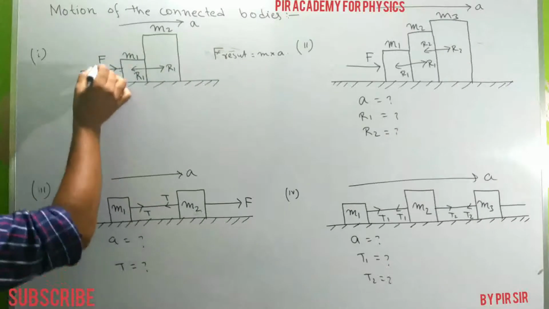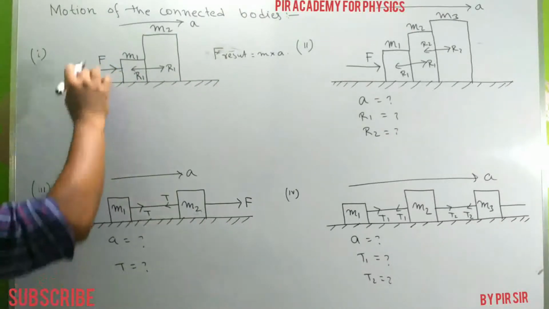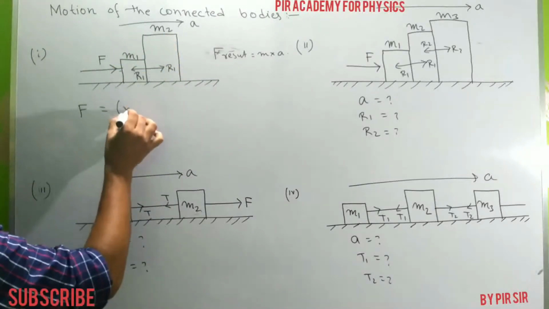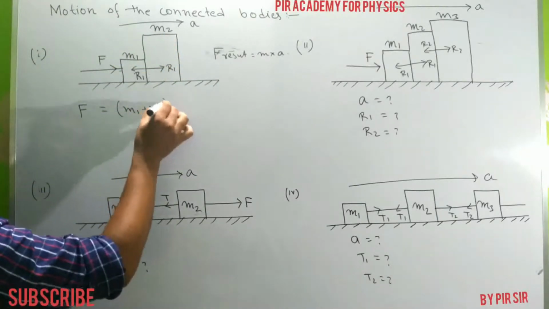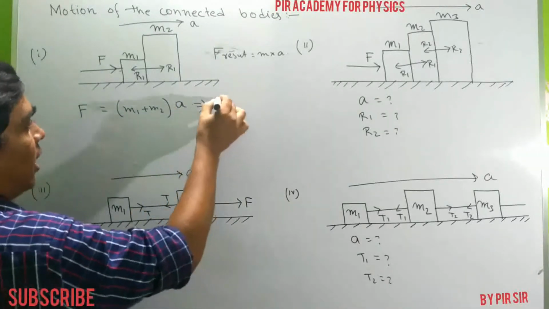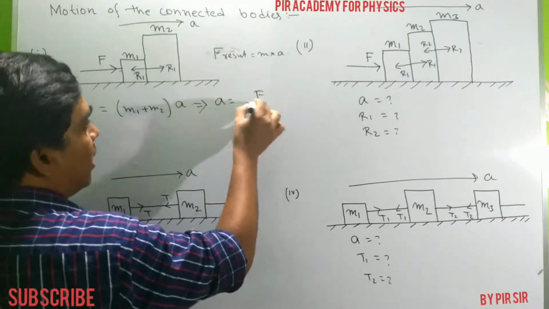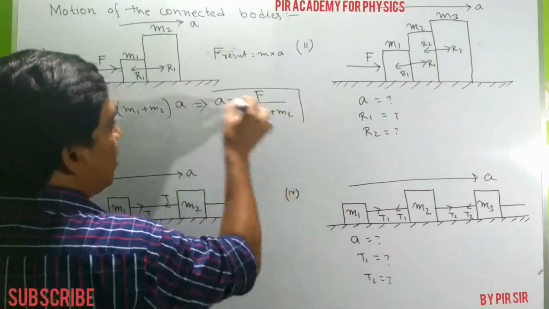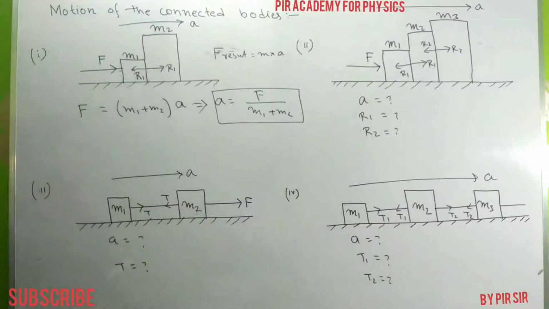Here the total resultant force is F, the mass of the system is M1 plus M2, and the acceleration is A. That means A equals F by M1 plus M2. This is the acceleration of this system.